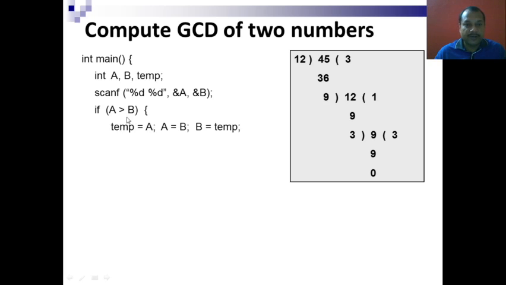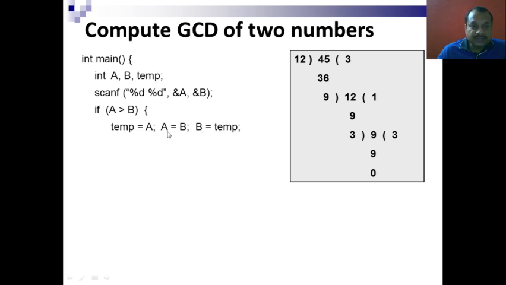After copying the content of a into temp, I have no problem, I can destroy the content of a by overwriting it with the content of b, and that way the content of b is now transferred to a, and b and a have the same content, whereas temp has the content of a. So in the third statement, the content of temp, which is the content of a, is copied to b.